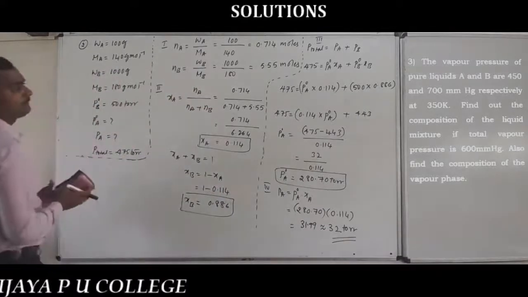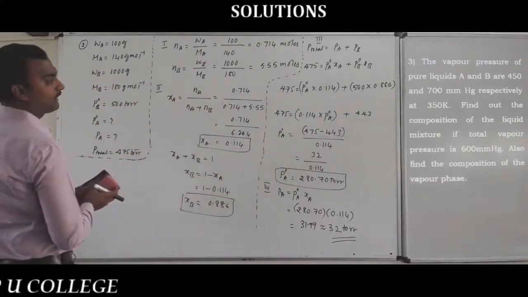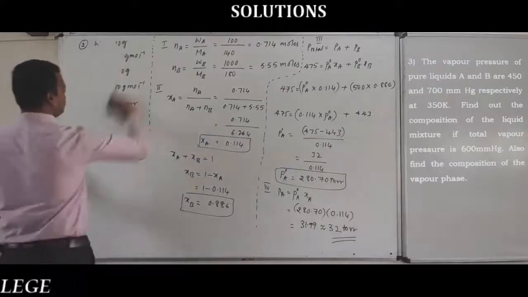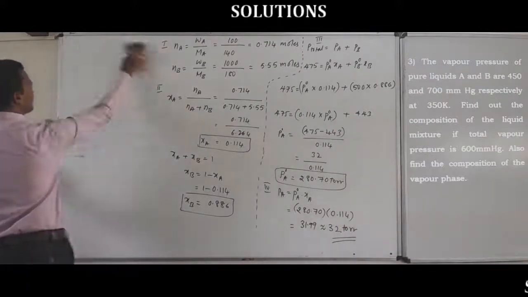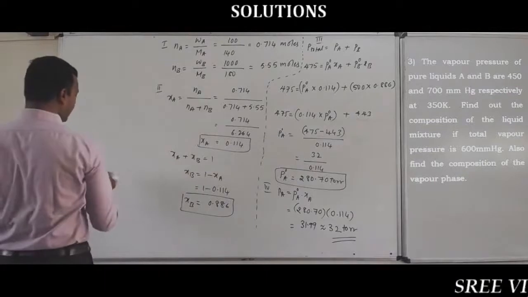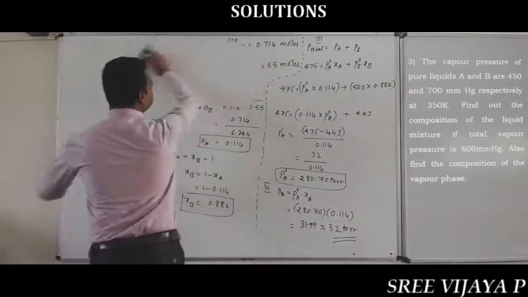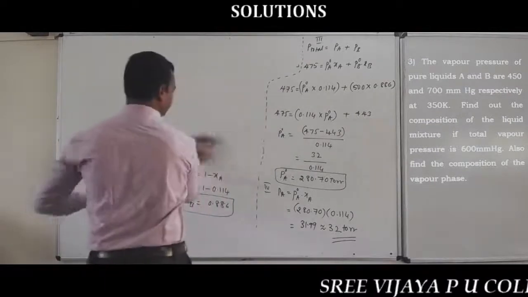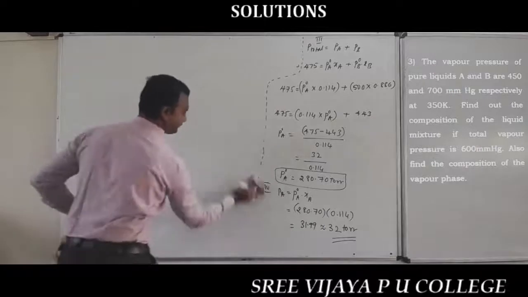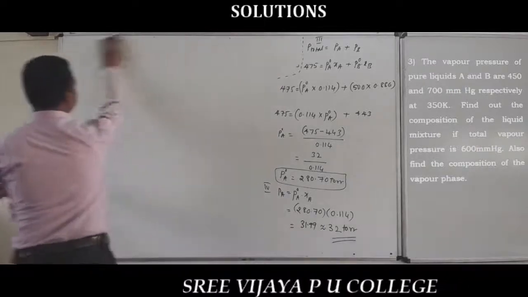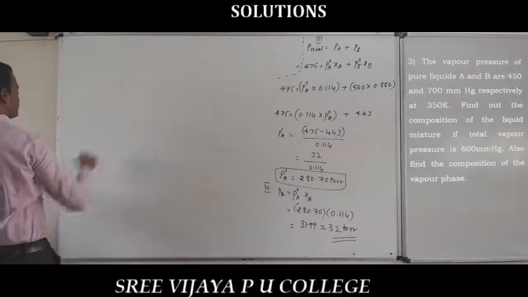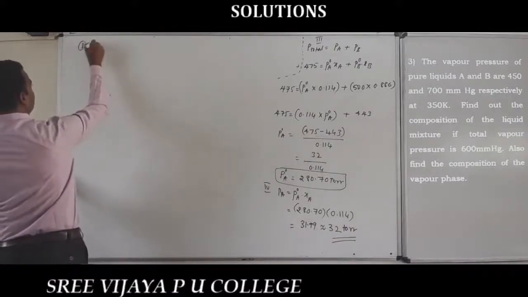So given data, vapor pressure of pure liquids A and B. Pure liquids are P0 A and P0 B. So that is the third problem.